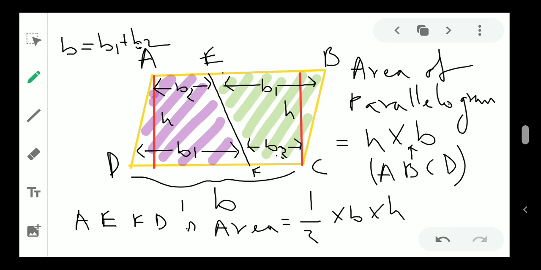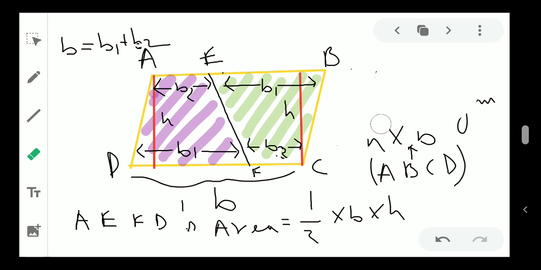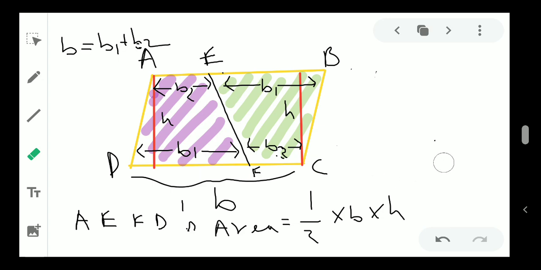Now if you see this formula, this was the area of the total parallelogram. If I divide it into two portions, I will get two trapezoids. Now the area of a single trapezoid will be, so the area of AEFD.